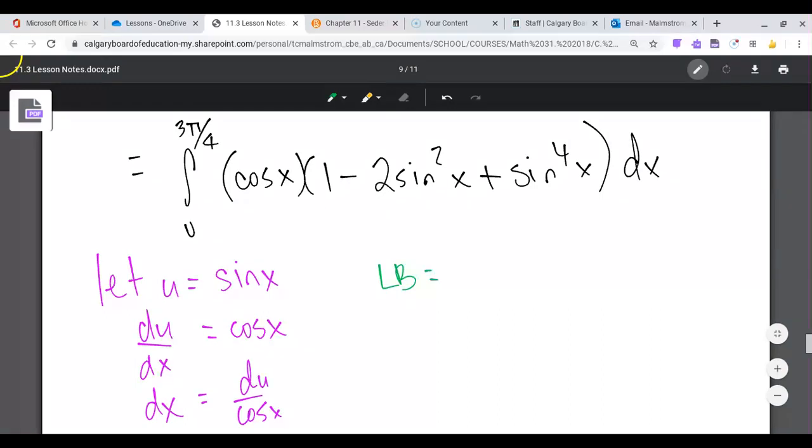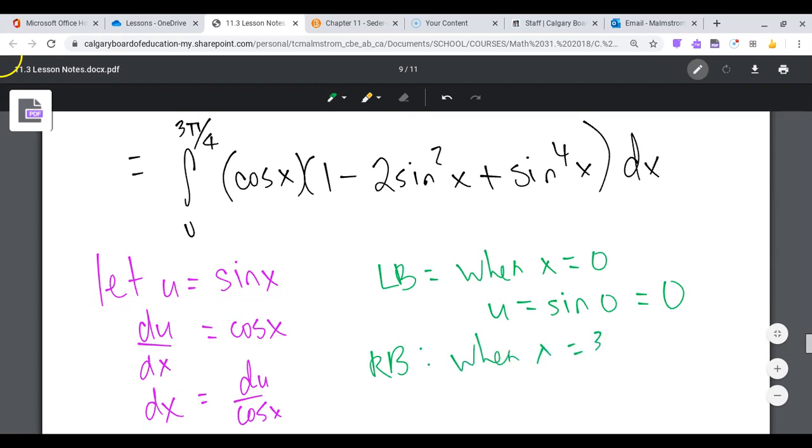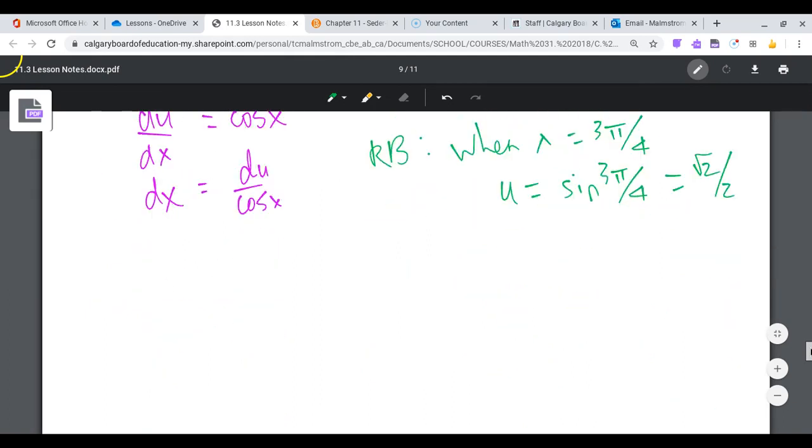Left boundary would be when x is equal to 0, u is equal to sine 0, which is 0, at 0 radians or 0 degrees. And my right boundary would be when x is equal to 3 pi on 4. u would be sine 3 pi on 4, which is equal to root 2 on 2. Okay, let's substitute in.